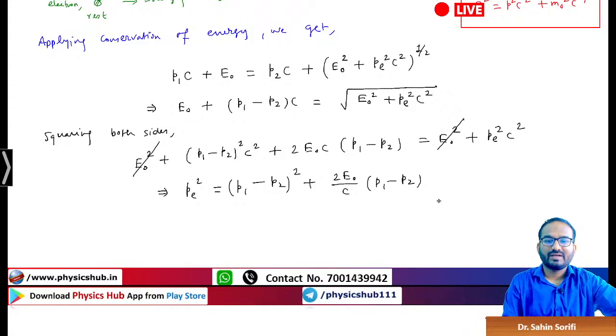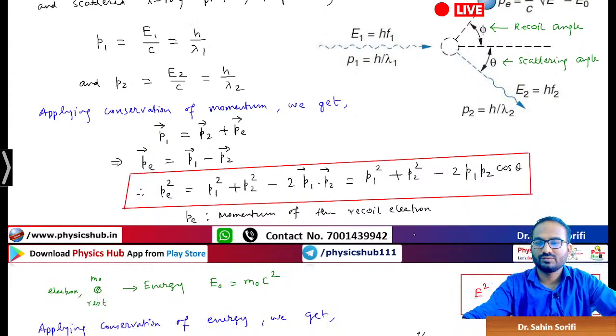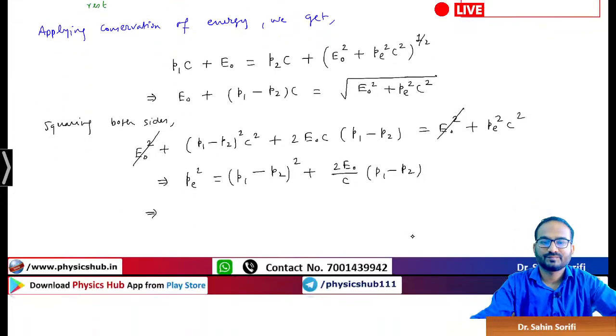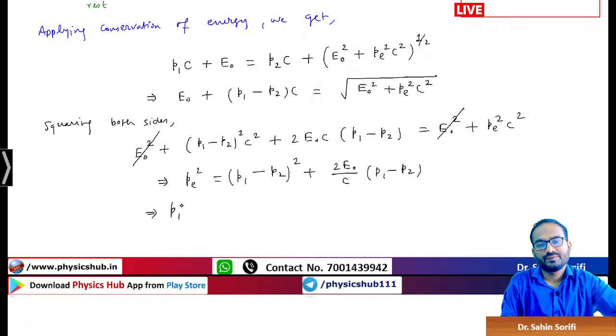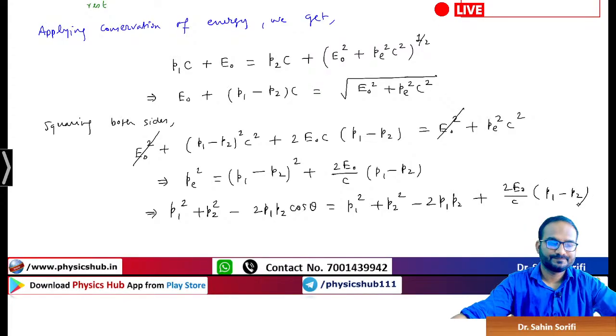Now let's plug in the value of Pe square from this equation, which is P1 square plus P2 square minus 2 P1 P2 cos theta. So P1 square plus P2 square minus 2 P1 P2 cos theta equals P1 square plus P2 square minus 2 P1 P2 plus 2 E naught by c times (P1 minus P2).